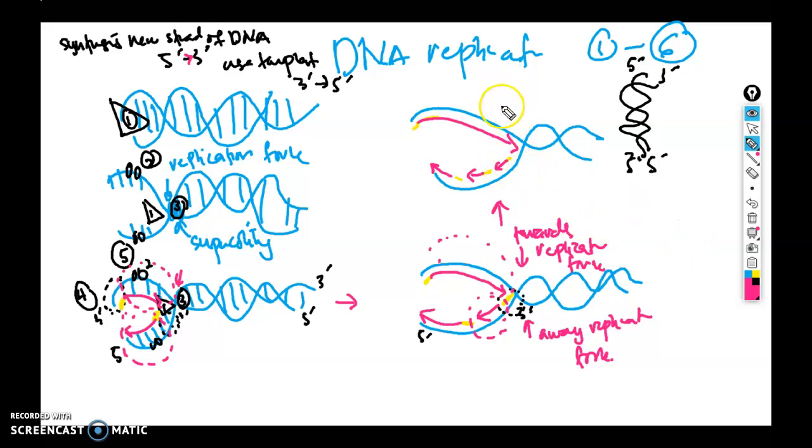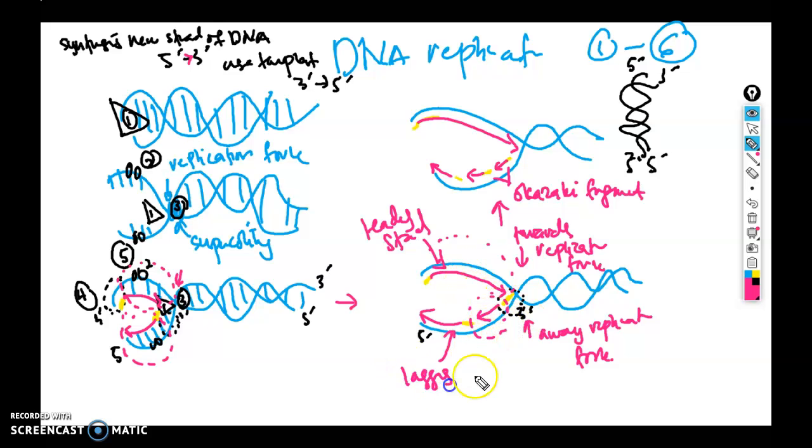This one is continuous, this one is discontinuous. This short fragment we call the Okazaki fragment. This strand we call the leading strand, and the discontinuous strand, away from the replication fork, we call the lagging strand.